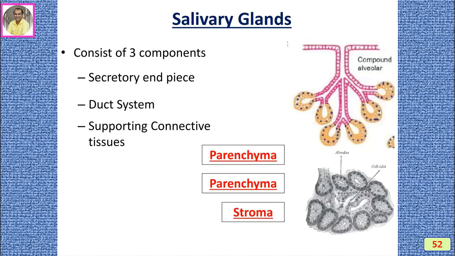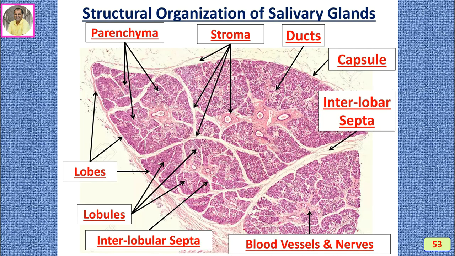So the salivary glands we will detail a little more, like parenchyma and stroma. It is a compound alveolar type of gland, and the cross section is depicted on the right side of the photo, which shows that these glands always contain cells producing saliva.